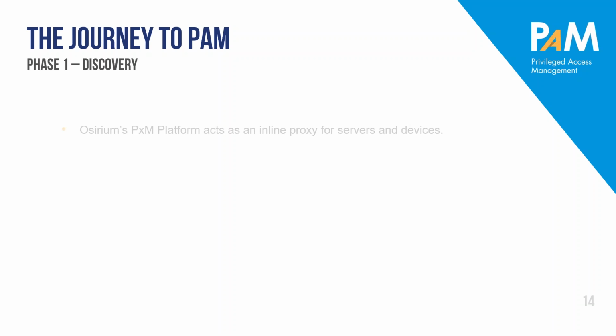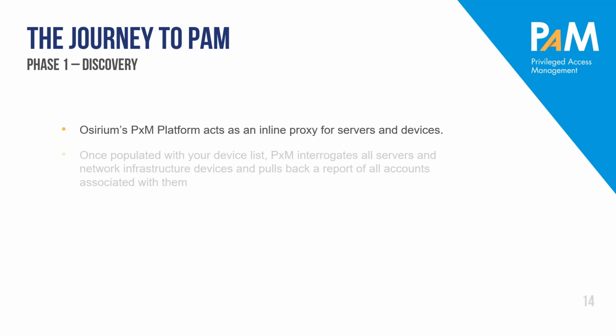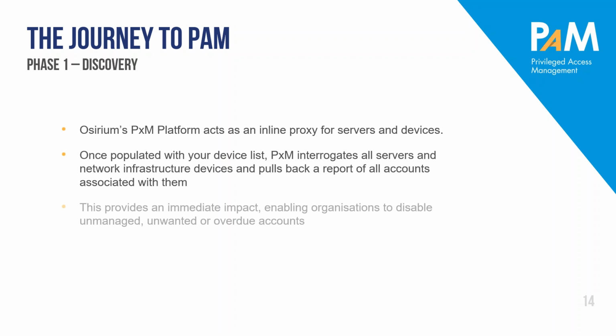The first phase that Osirium helps you with is discovery. Osirium is a fantastic solution for giving you additional benefits, one of which is giving you an inventory of all of your servers and devices. We act as an inline proxy. So once we know all of your target servers, the first thing we can do is go and interrogate them. And Osirium will pull back a list of all of the accounts with privilege that reside or have access to those target servers.